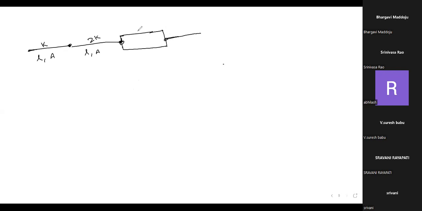This one has K, this one has 2K, and this rod has 3K.